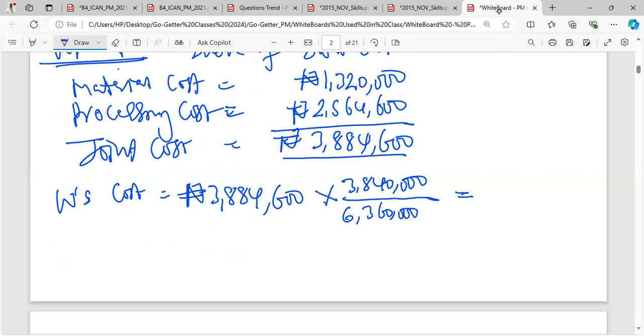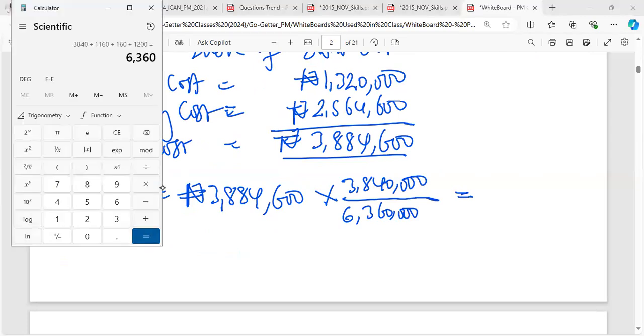So when we do that, what do we have? 3,884,600 divided by 6,360,000 multiplied by 3,840,000.